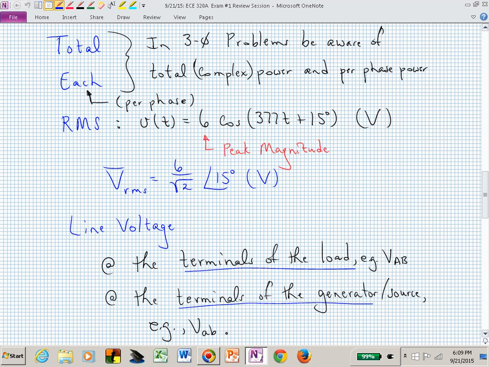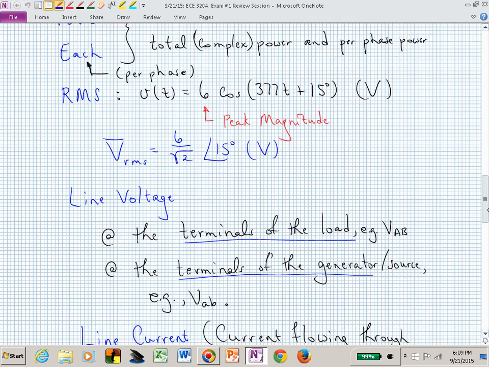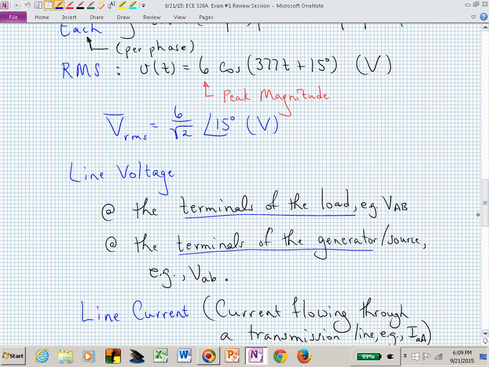Those are the terminals that you would have access to. The impedance of the generator is internal to your source, and you really wouldn't have access to that terminal inside the generator. Sometimes that may actually be 0. It may say neglect the impedance of the generator.